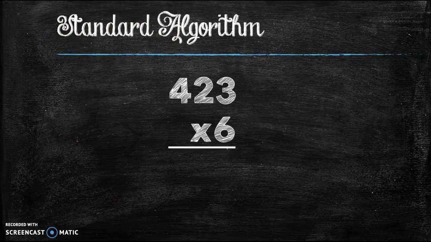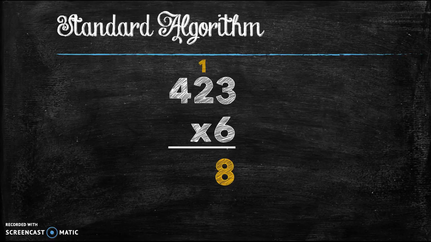Okay, here's the first way of doing multiplication. We learned this in the 4th grade. It's the standard algorithm. It's what I call the good old-fashioned way. So what you're going to do first is you're going to multiply the 3 times the 6, and that's 18. So you put the 8 down there and carry the 1. That's 1 ten that you've carried over.